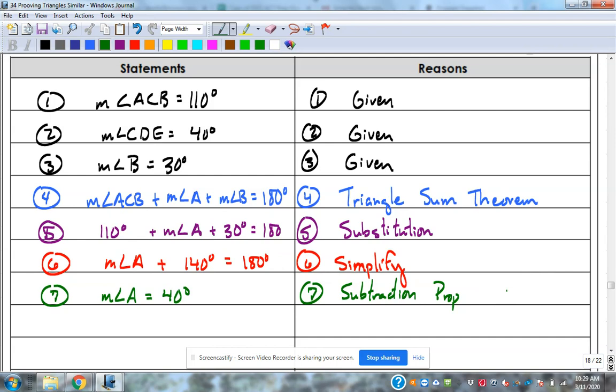And if we know that the measure of angle A is 40 degrees, what else do we know that is 40 degrees? Angle CDE is also 40 degrees. So we know that measure of angle A is equal to measure of angle CDE by substitution.